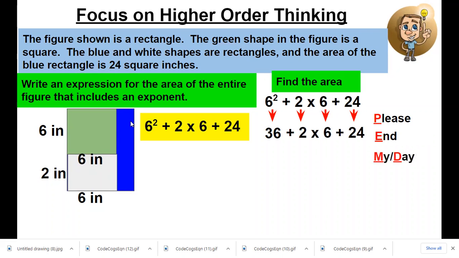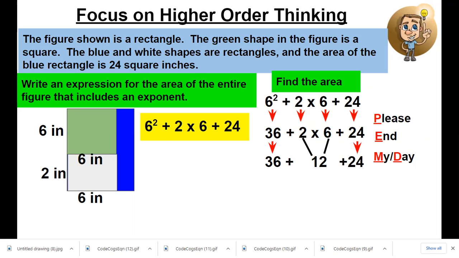Now we do multiply or divide, whatever comes first. Notice in this one, 36 plus 2 is not going to be first because it's adding. We have to do multiplying. So we're going to do 2 times 6. So that'll be 12, and we'll bring everything else down.